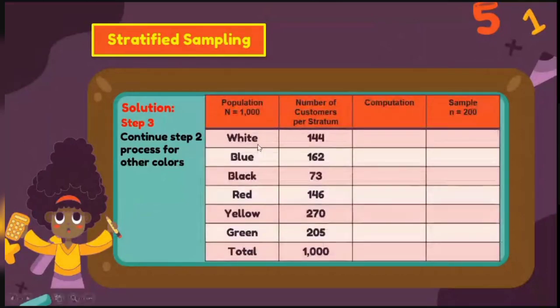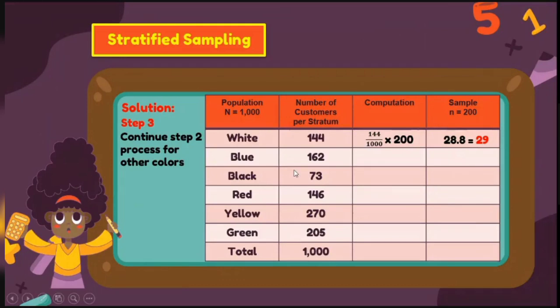For computation, you have 144 individuals who preferred white color t-shirt divided by the total number of customers and then multiply by 200, and then we will arrive at 28.8. So for 28.8, we can approximate our answer to the nearest whole number, so 28.8 is around 29. So I need 29 individuals.